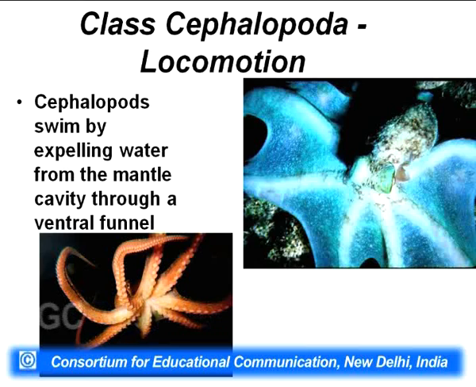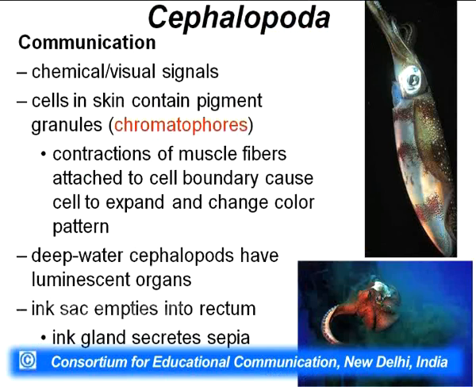Many of the cephalopods show the feature of bioluminescence. They generally shine at night. Among these octopuses, there is one more feature: during copulation, one of the arms of the male is modified and it is used to transfer the sperm bundle into the body of the female.